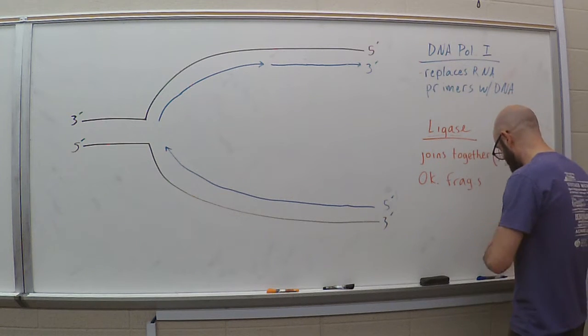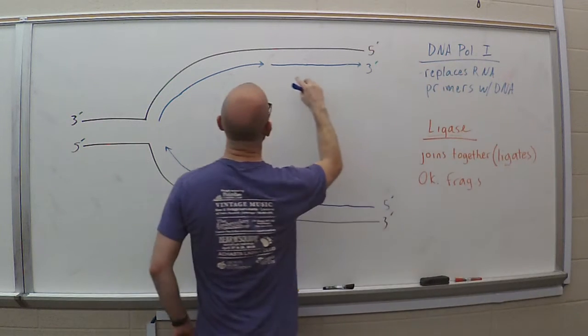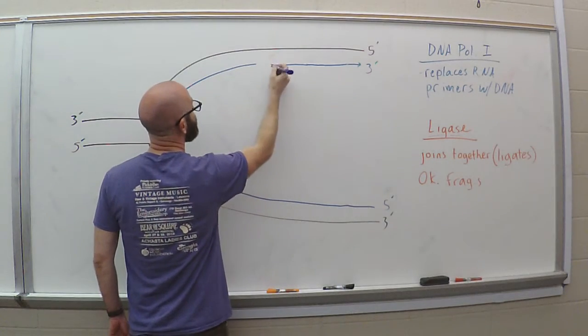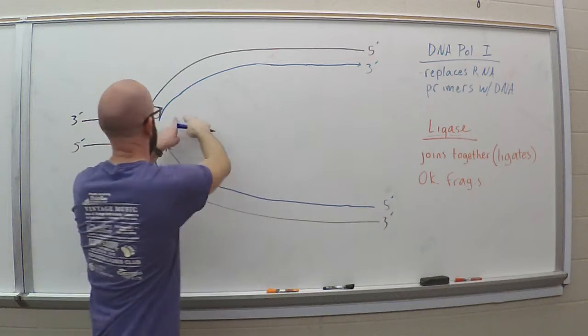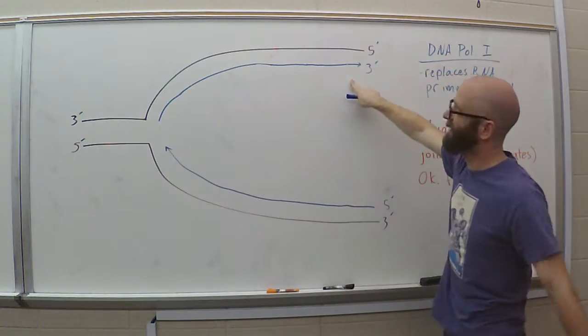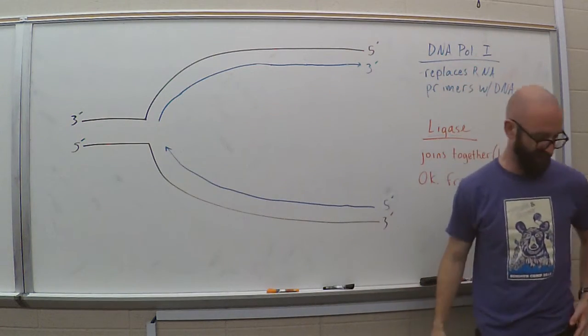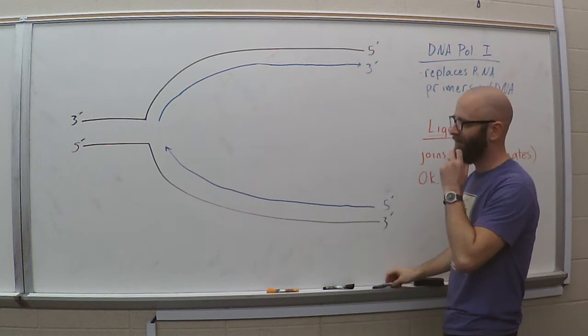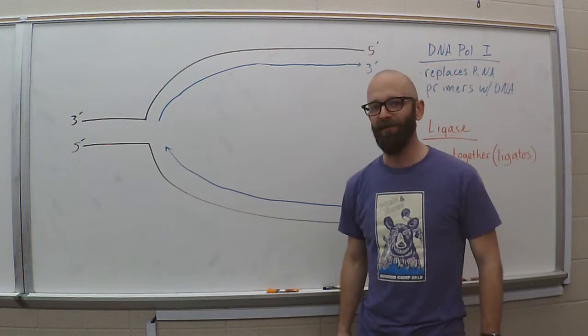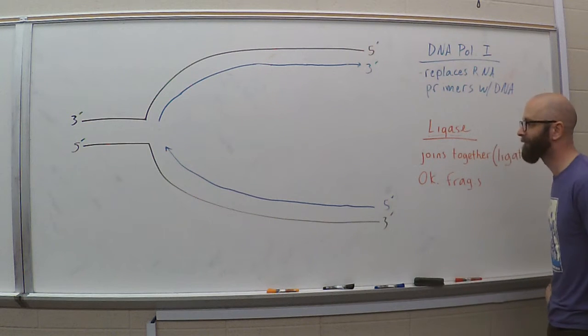So ligase will come in here and then just ligate those two ends together, and now you have one continuous strand of DNA on that lagging strand. And so that's it. Those are all the enzymes that you're going to learn about with DNA replication.